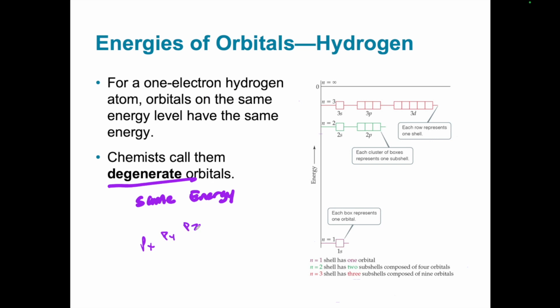Those are all degenerate energy levels, because they are all the same type of orbital, p orbital. The only difference is that they are in different orientations, but they're all the same shape, so they all contain the same energy. So orbitals that have the same energy are called degenerate.